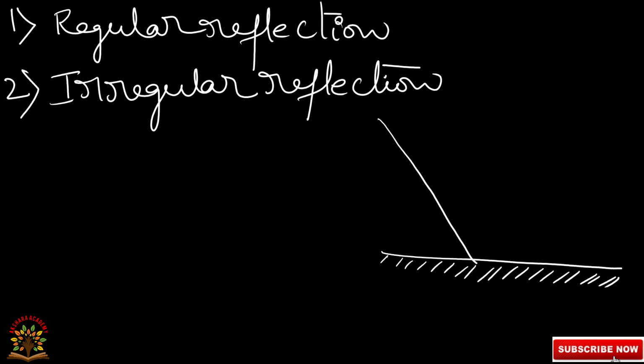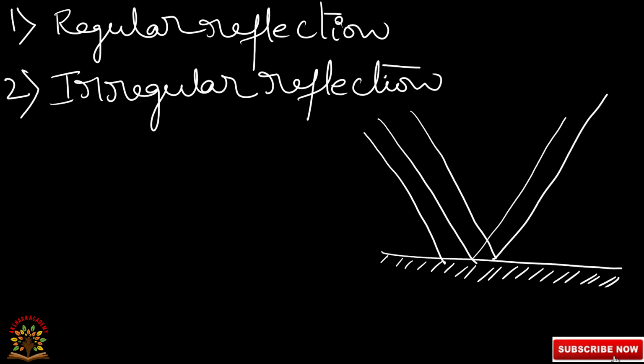Whenever the light ray falls on the reflecting surface, all the incident rays are parallel after reflection. This is the phenomenon of regular reflection.